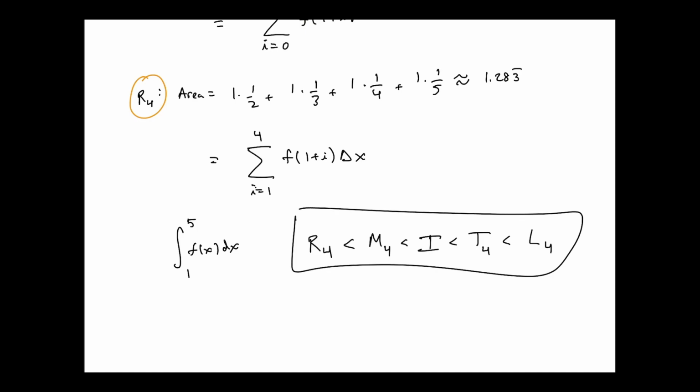For our particular curve, let me call I the true value, the exact answer, whatever it is. I don't know what it is, but I do know that the left and the right hand rules, one of them's too big, the other's too small. And I also know that the midpoint and the trapezoid rules, similar: one of them's a little too big, the other one's a little bit too small, and that the true value is somewhere in between.